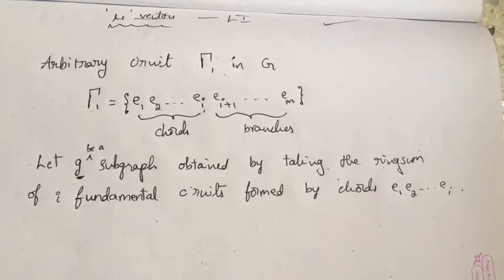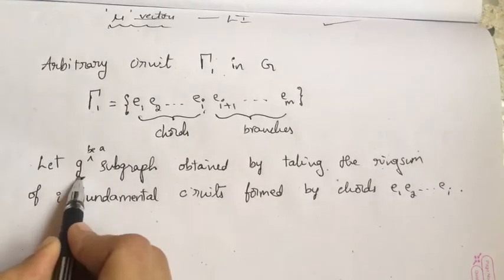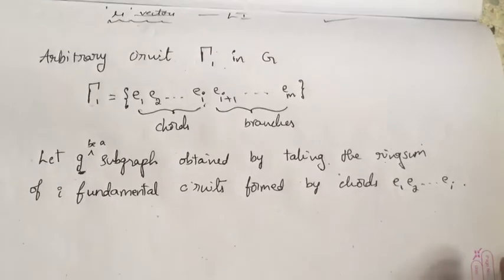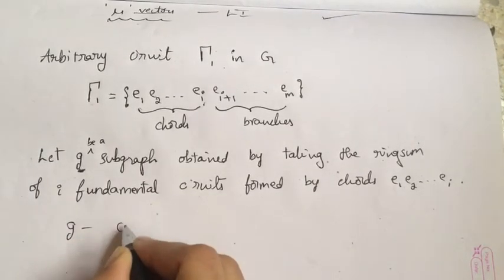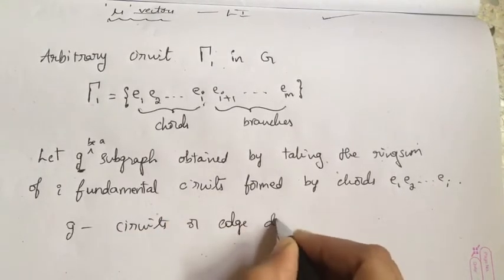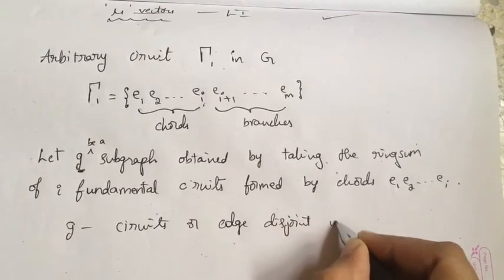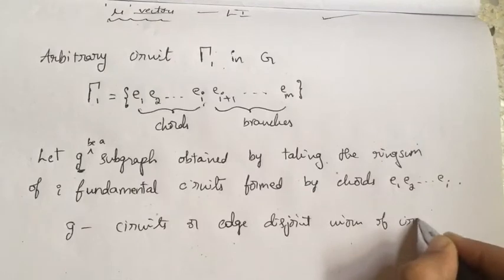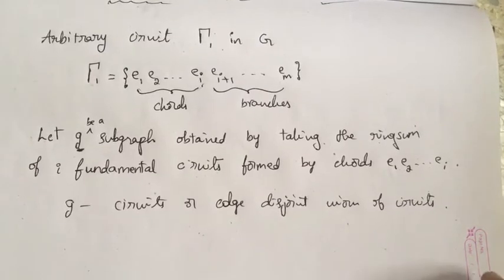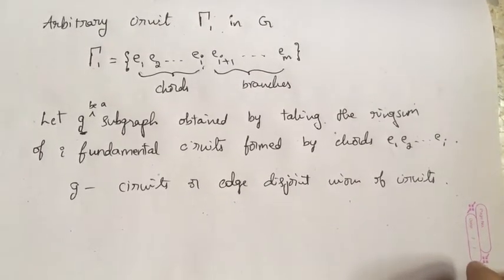Now I know that ring sum of circuits is again a circuit or an edge disjoint union of circuits. Therefore, this subgraph G must be a circuit or an edge disjoint union of circuits, because of the theorem which we have proved already: ring sum of any circuits is a circuit or an edge disjoint union of circuits.